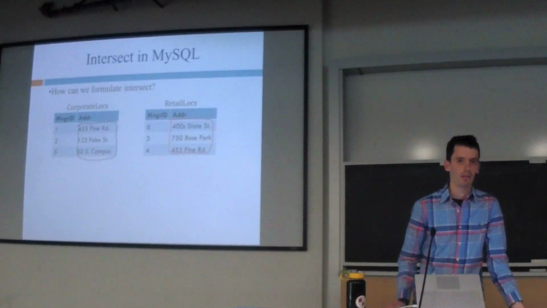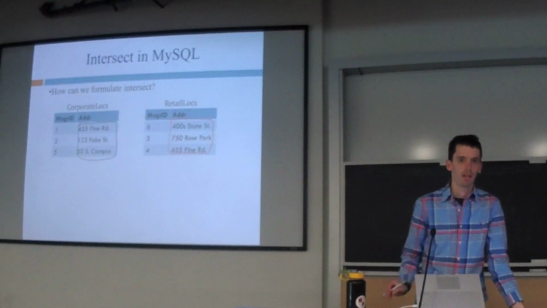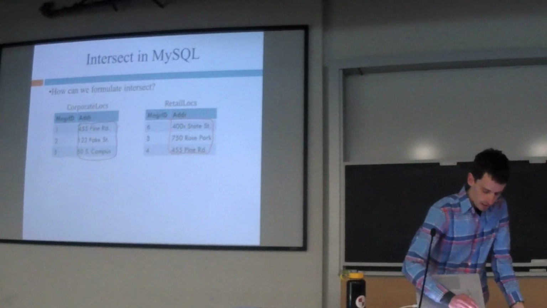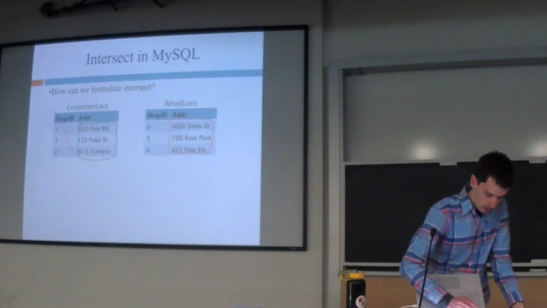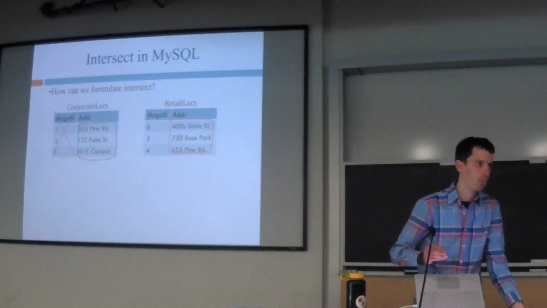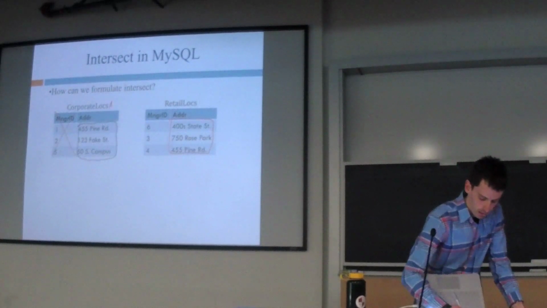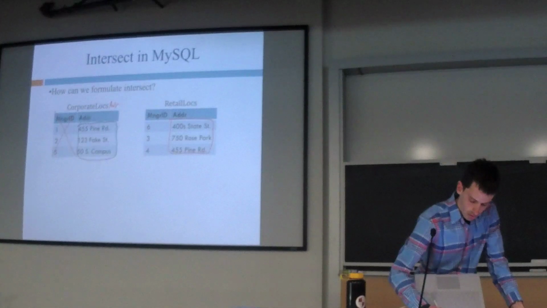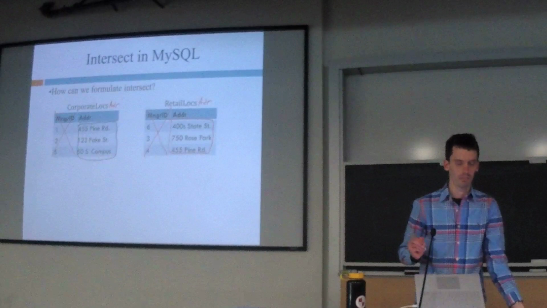Let's pretend that I somehow had a relation called corporate locations addresses and retail locations addresses that do not have that other column.